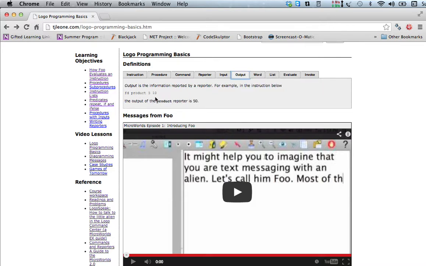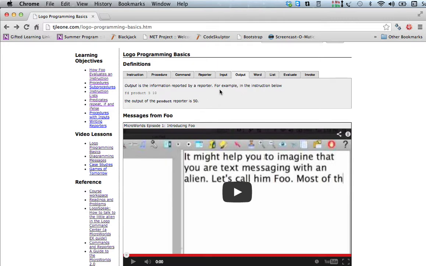Output is what comes out of a reporter after it does its job. So the reporter product takes these two inputs, 5 and 10, and passes off 50. It outputs 50. And that output is always used as input to another procedure. We have this procedure forward, and the output of product becomes the input for forward. We'll talk more about inputs and outputs when we get into diagramming more.